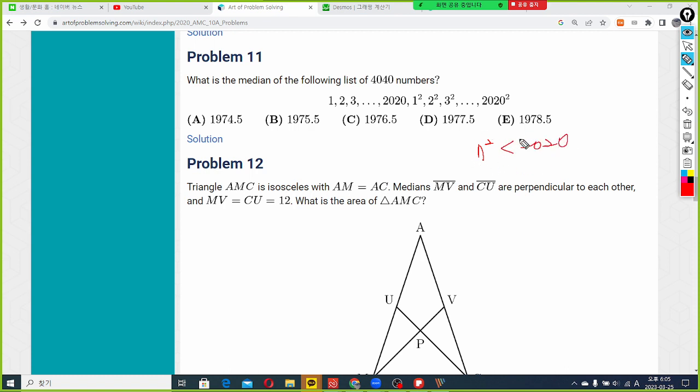In this case, what's the maximum value for n, if n squared is less than 2020? So you can use a calculator if you want. So it's like this. What's the square root of 2020? It's close to which number?